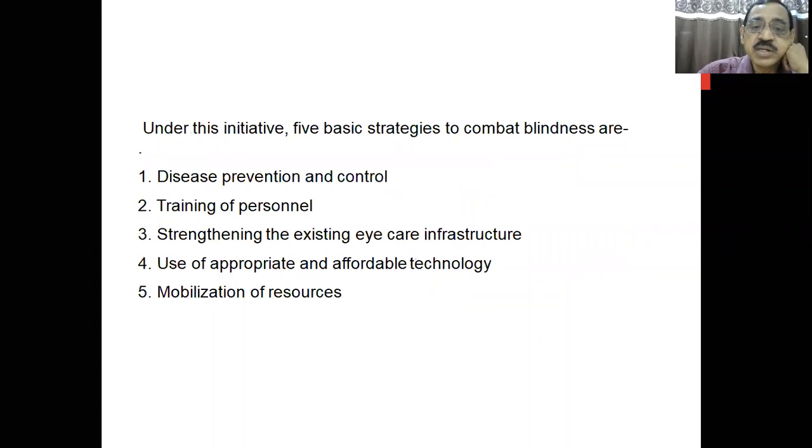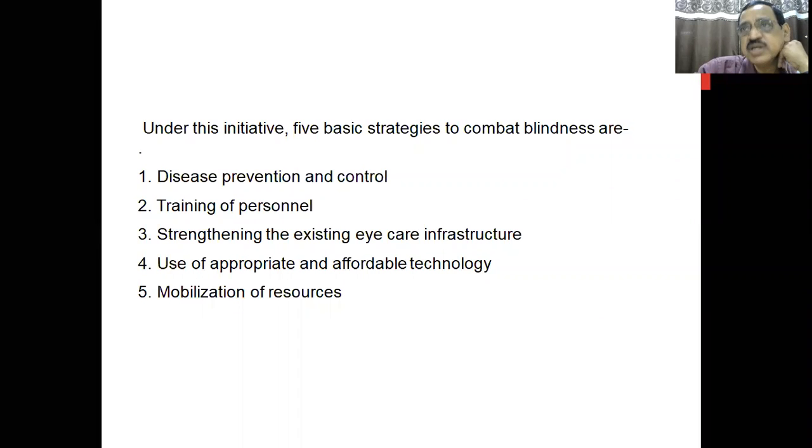Under this initiative, 5 basic strategies to combat blindness are promulgated. The first and foremost is disease prevention and control. The second one is training the personnel in the particular field to do this job. And thirdly, strengthening the existing eye care infrastructure.